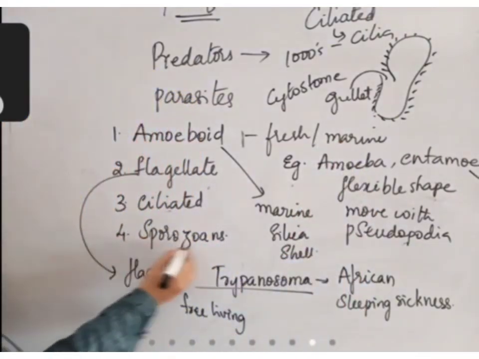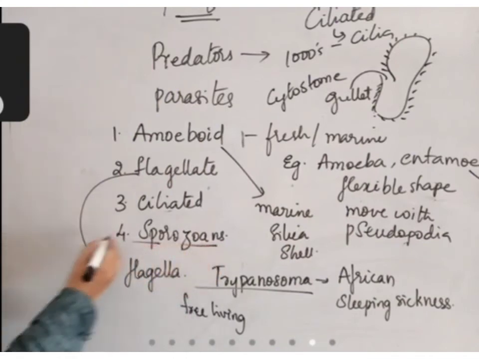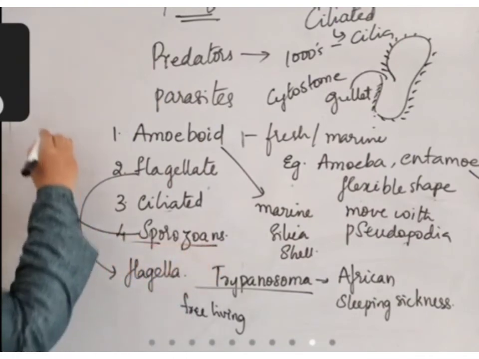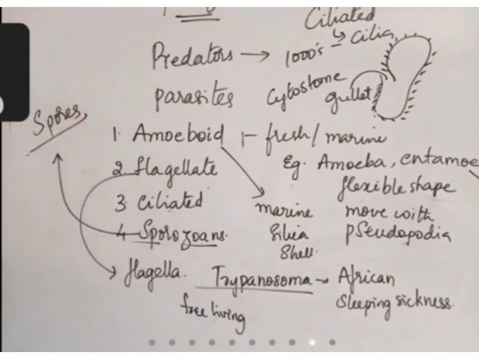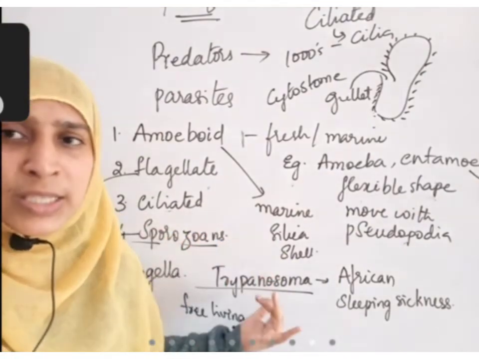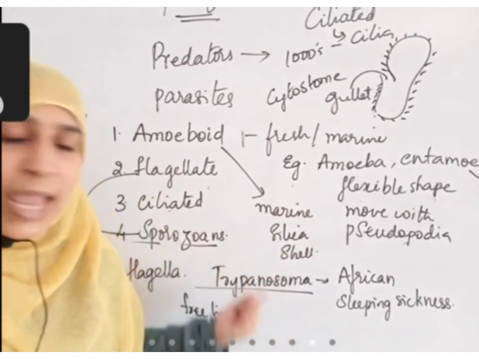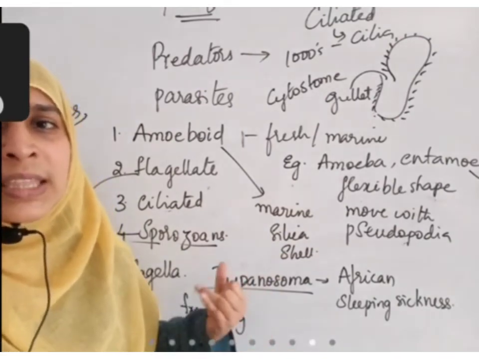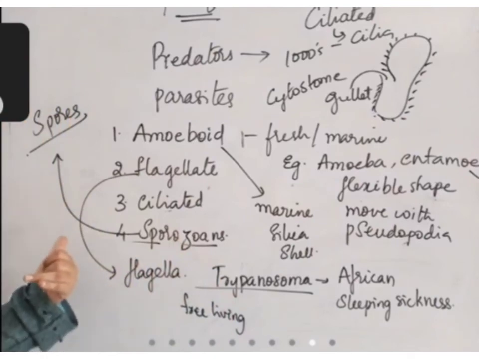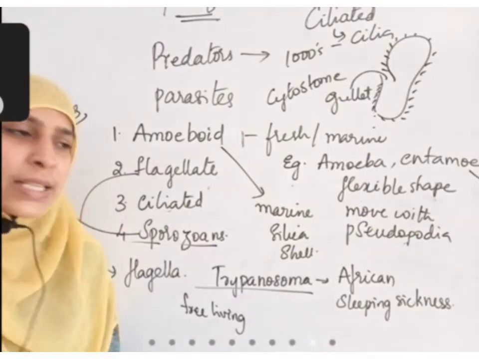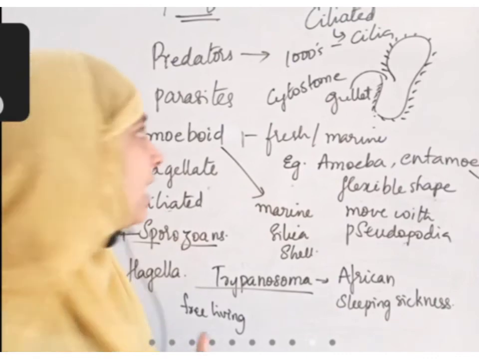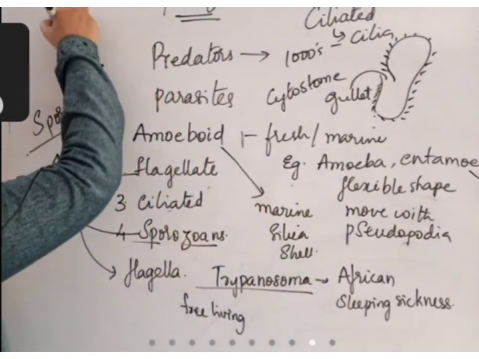Last, sporozoans. Sporozoans form spores, like fungus forms spores, like slime moulds form spores. These sporozoans also form spores in their lifetime, not in their entire life, only during a certain life period, and they do not have a particular shape.